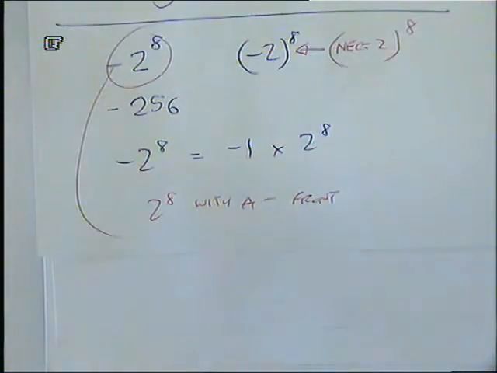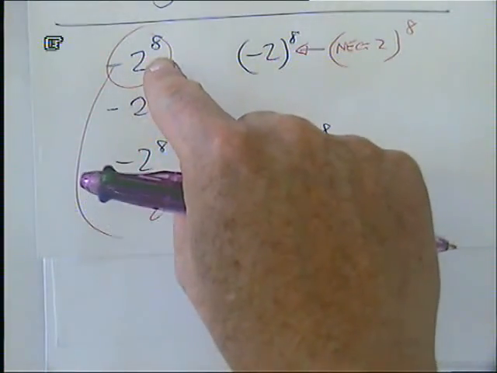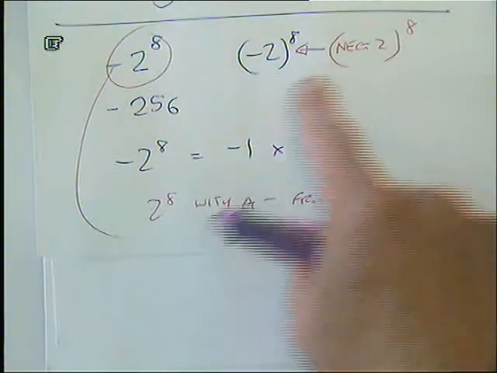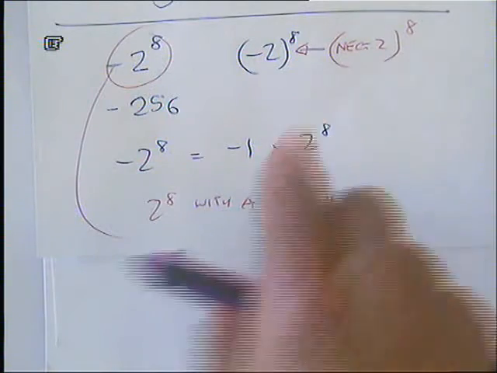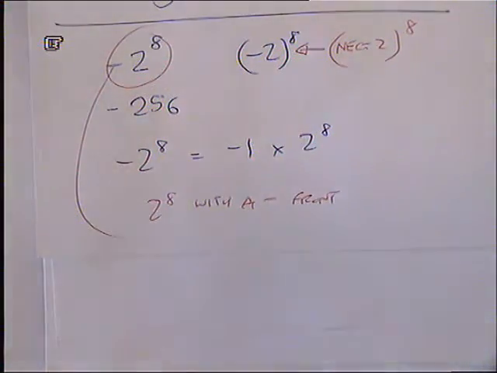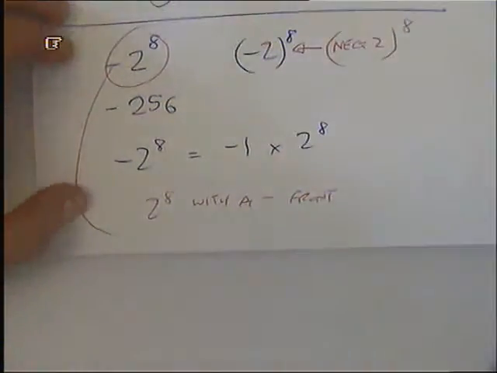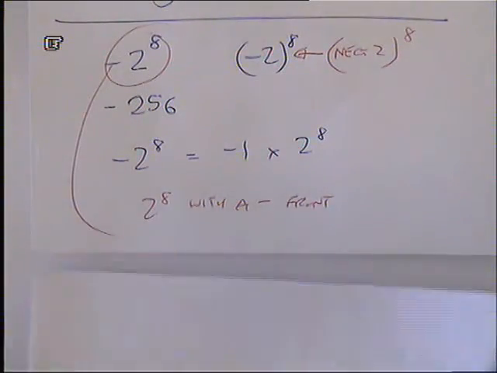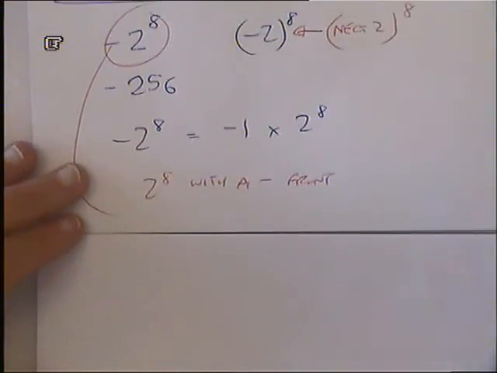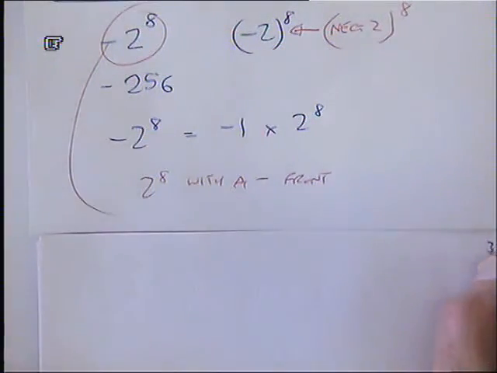And you do need to be aware of which is which. And you should get minus 256 on your calculator from that one and positive 256 from your calculator on that one. And you do need to know which is which. Okay? It's a common trap that people come into. Any negative number you're doing to a power, always put the negative number in brackets.